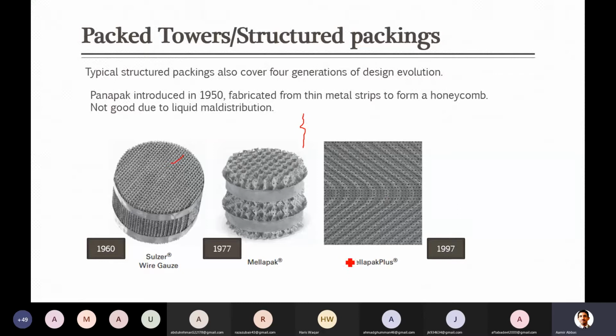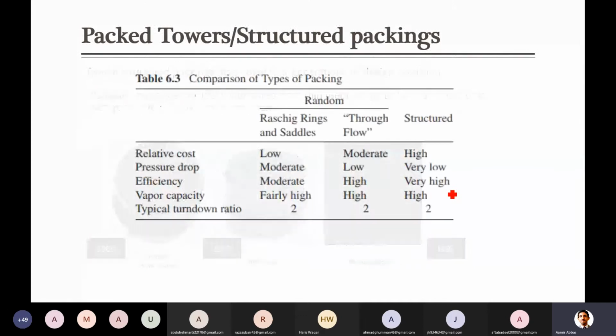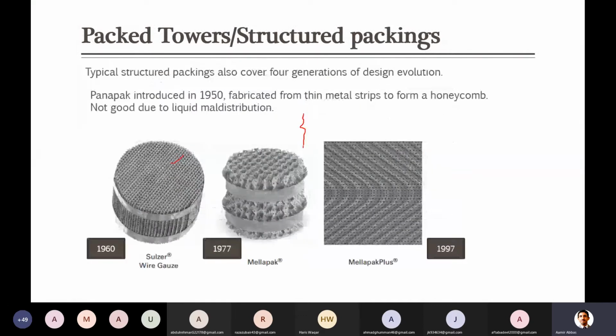With that, the structure was further improved, and they are called Mellapak Plus. It is somehow the same material, corrugated plates joined together to make a structure. I advise you kindly to Google more images, and if you can find better ones to understand the differences between the structures, since you may not get it from these images. These are from your text, please.